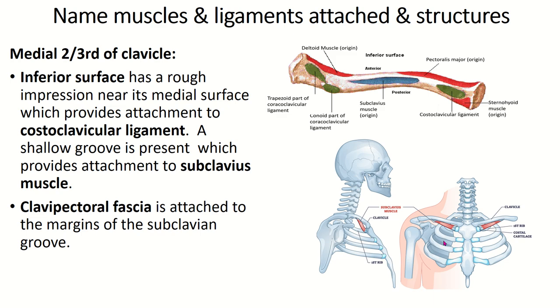Another muscle is the subclavius muscle, and the margin is attached to the clavipectoral fascia. The clavipectoral fascia covers two muscles, the subclavius and the pectoralis minor, and it is continuous with the axillary fascia.